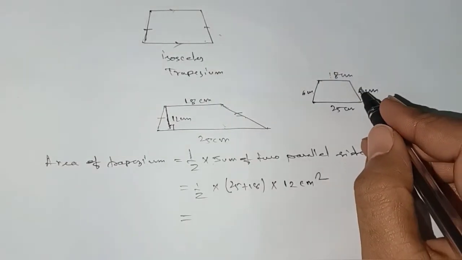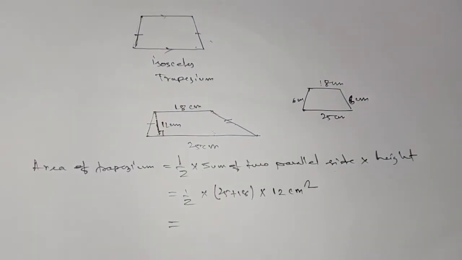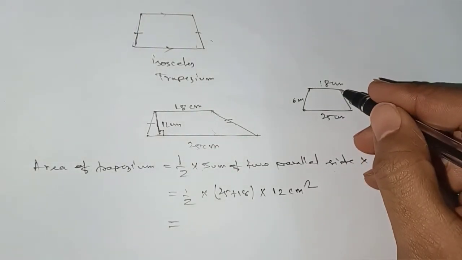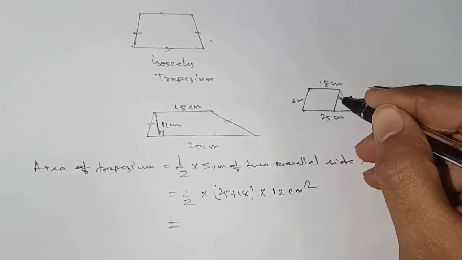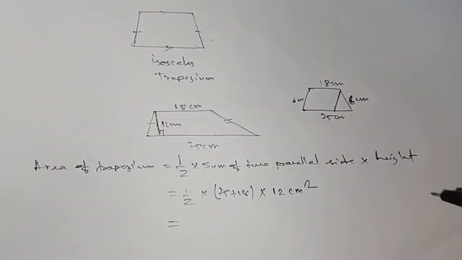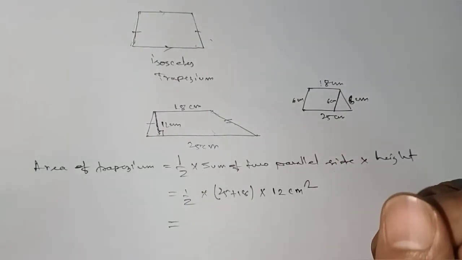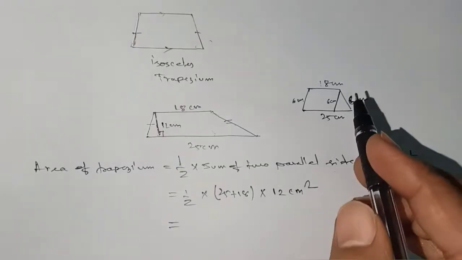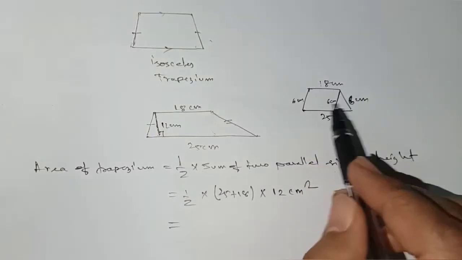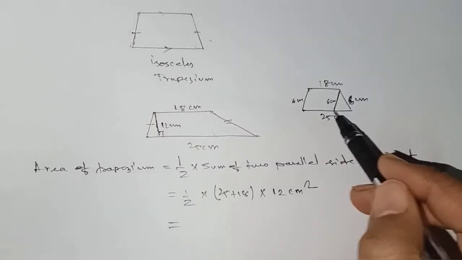If we go for the isosceles trapezium, take first 6 and 6. In that case, how are we going to find it? You can take one line passing to this opposite line, then it will automatically become your 6. Now you can see that you have taken this line as parallel and it is already parallel.